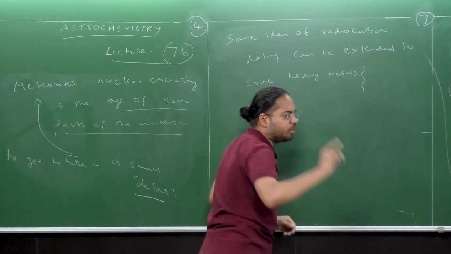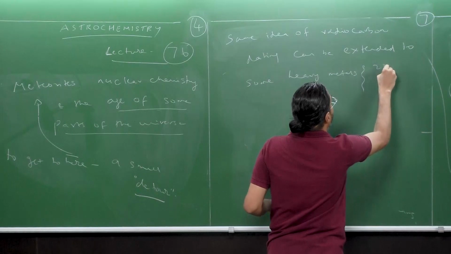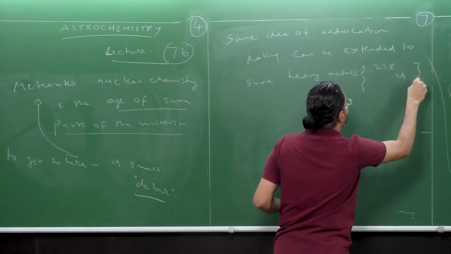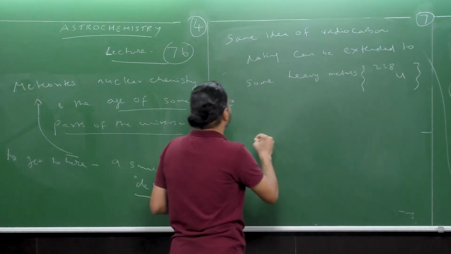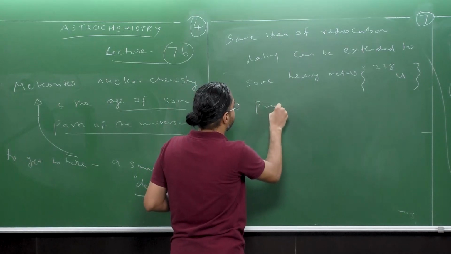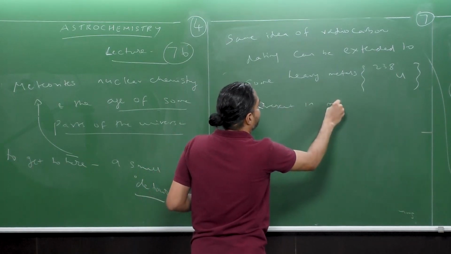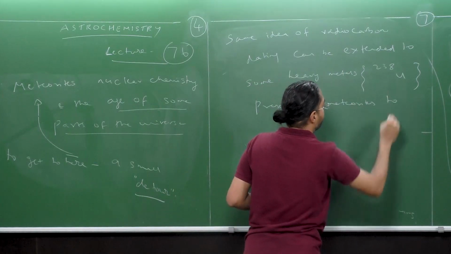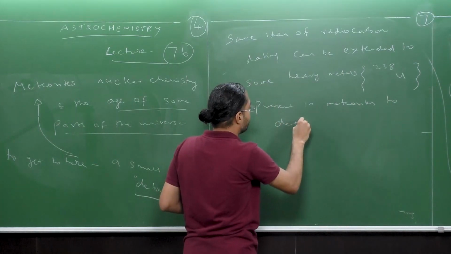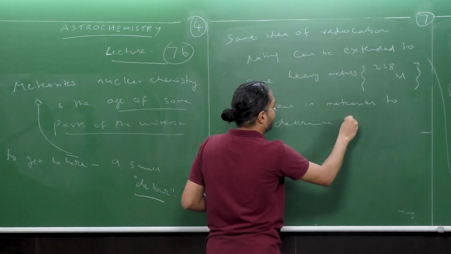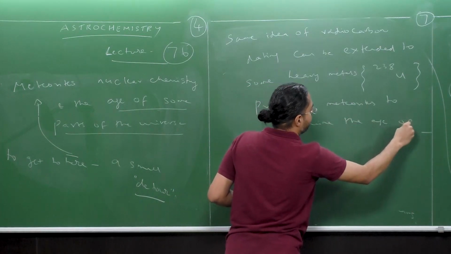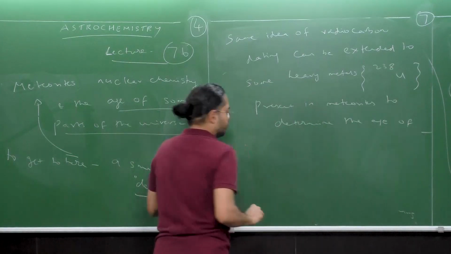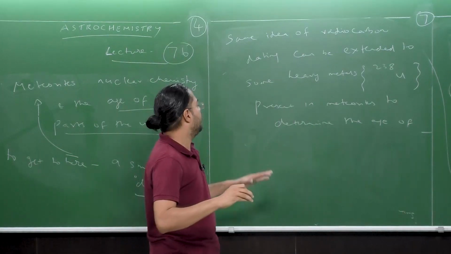can be applied to heavy metals, noticeably the 238 isotope of uranium, present in meteorites, to determine the age of some parts of the universe. Okay, I'm not talking about the entire universe.